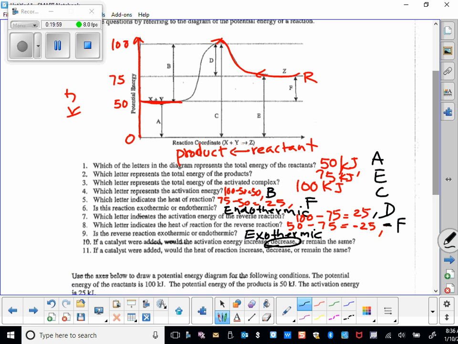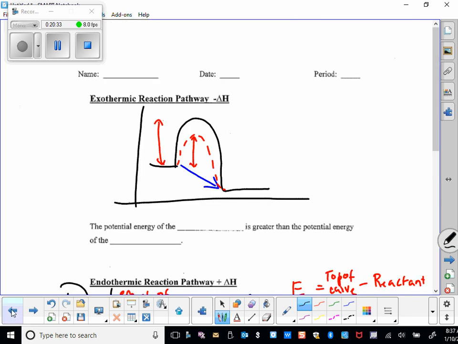Are we good? Flavius, if a catalyst were added, would the heat of reaction increase, decrease, or remain the same? We talked about it. Go to your previous page. We talked about how we calculate heat of reaction. Let me go back.